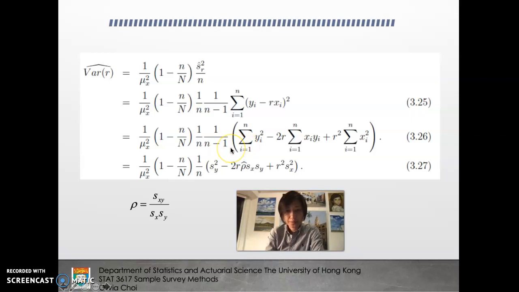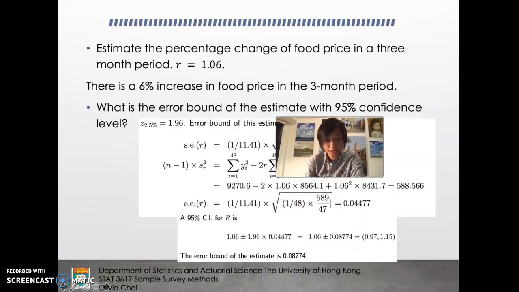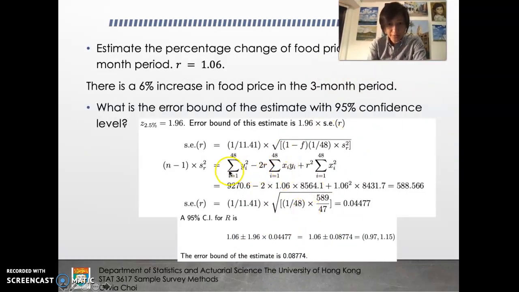what we can have in the information given, that we can use formula 3.26 because we were given a summary of all the summations. So we try to use 3.26. So we use these data to substitute into equation 3.26 and then divide by n minus 1. Okay, so we have the summation of yi squared minus 2r summation of xi yi plus r squared summation of xi squared.